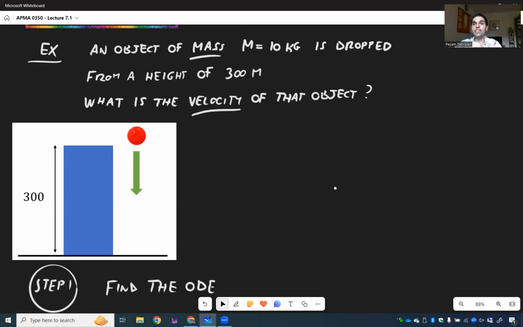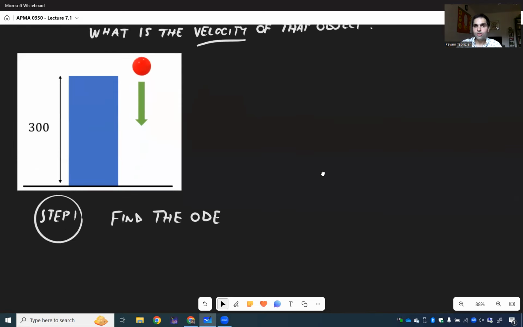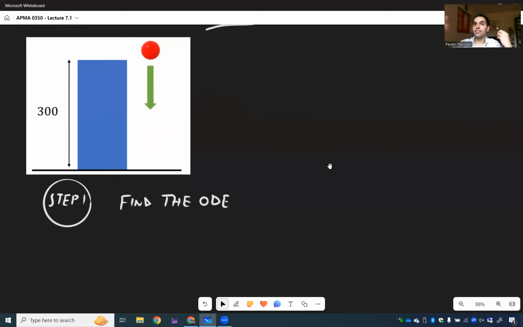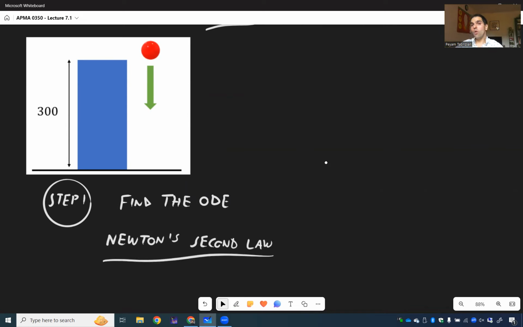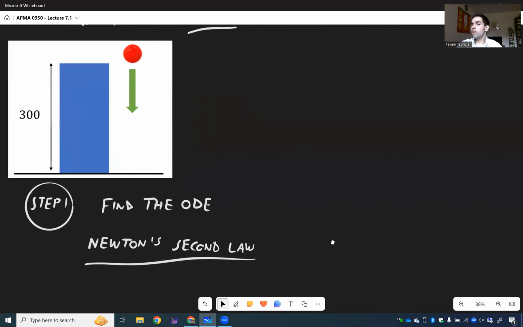So one idea is to use Newton's second law, which is a very prominent law in physics that governs mass, acceleration, everything. Newton's second law, which, by the way, is the only physical law I will require you to assume. Any other physical laws will be given to you.